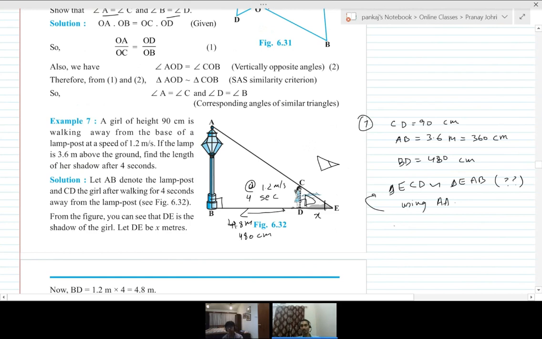So what side ratio can we take? That should incorporate what is given. So what would that be?